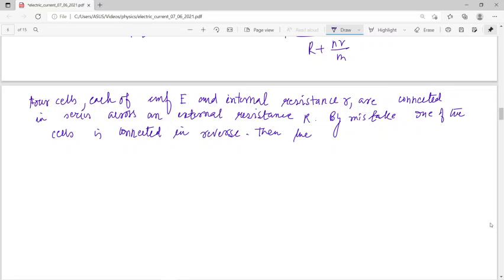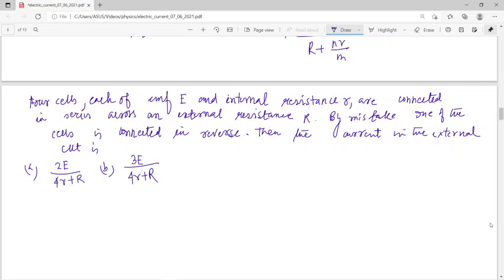Then the current in the external circuit is: A, 2E by 4r plus R; B, 3E by 4r plus R; C, 3E by 3r plus R; and D, 2E by 3r plus R. So that is the question.